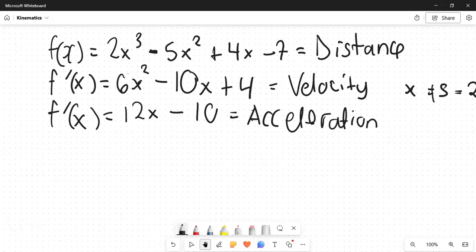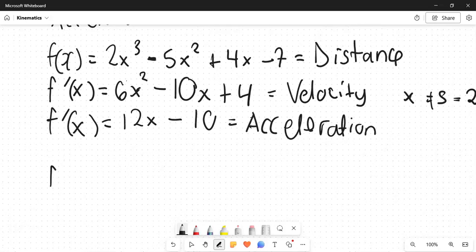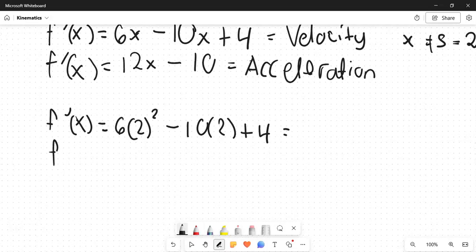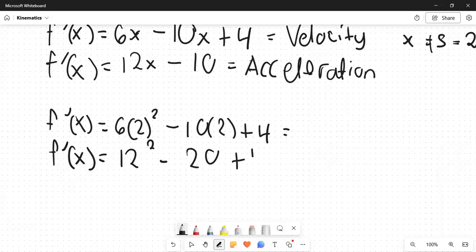So we're going to use this function here to substitute 2. It would be f dash x is 6 times 2 squared minus 10 times 2 plus 4.